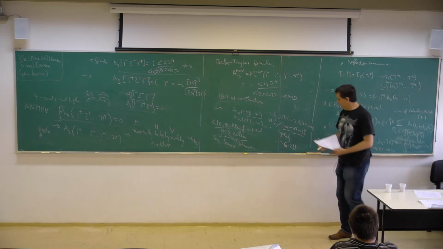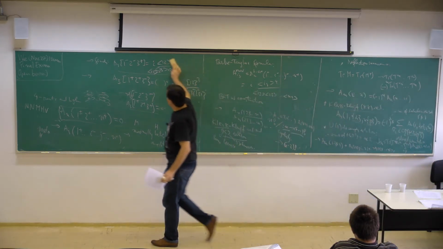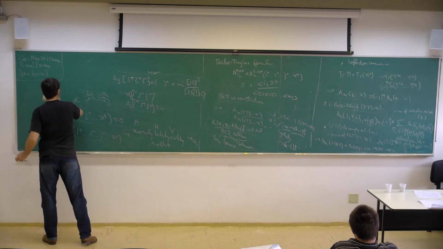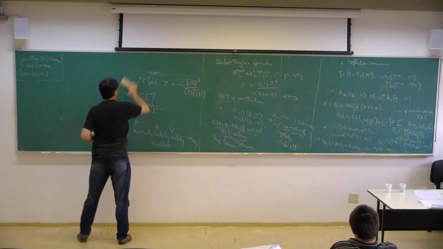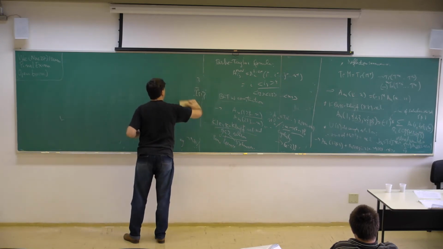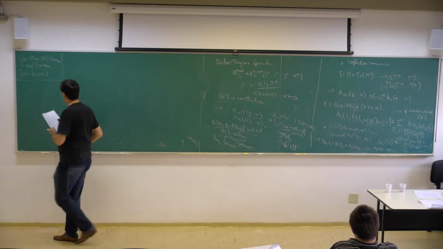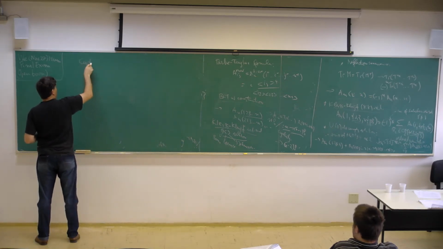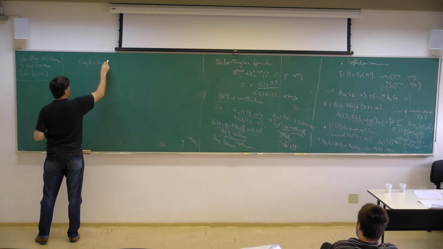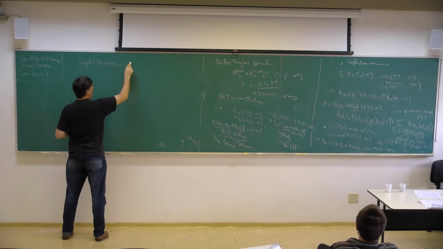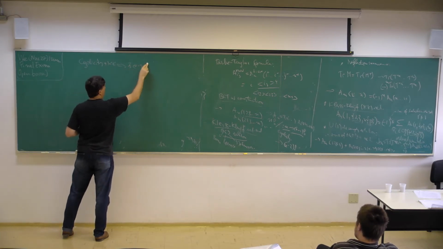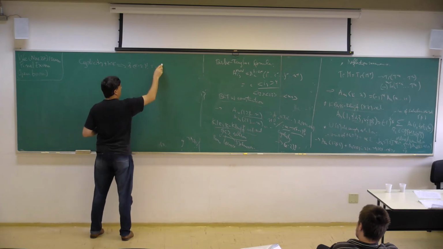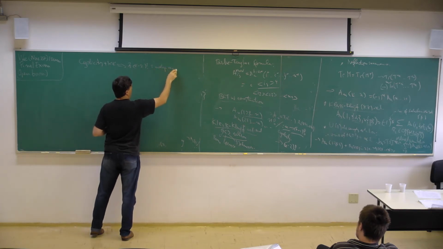So we say that cyclicity plus KK means there are (n minus 2) factorial independent amplitudes.